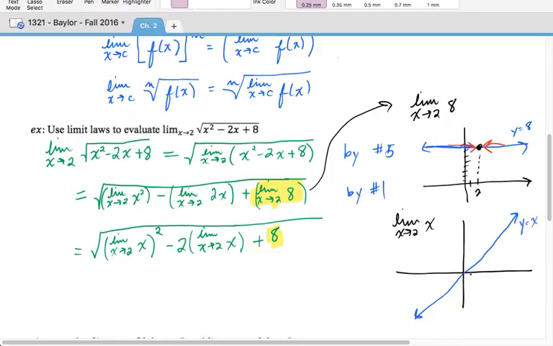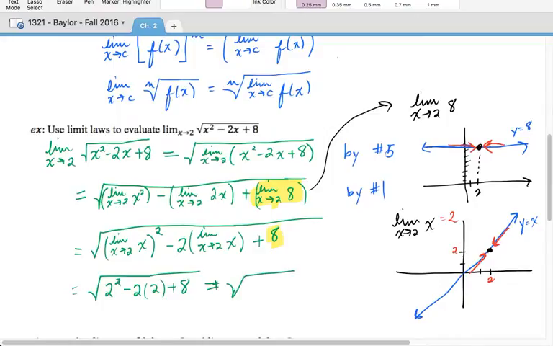So when x approaches 2, you can see pretty clearly that from both the right and the left, those y values are also going to approach 2. So that limit is equal to the value of 2. So we have the square root of 2 squared minus 2 times 2 plus 8, which now is just arithmetic. So 4 minus 4 plus 8, we have square root of 8, or 2 root 2 would be that exact answer.